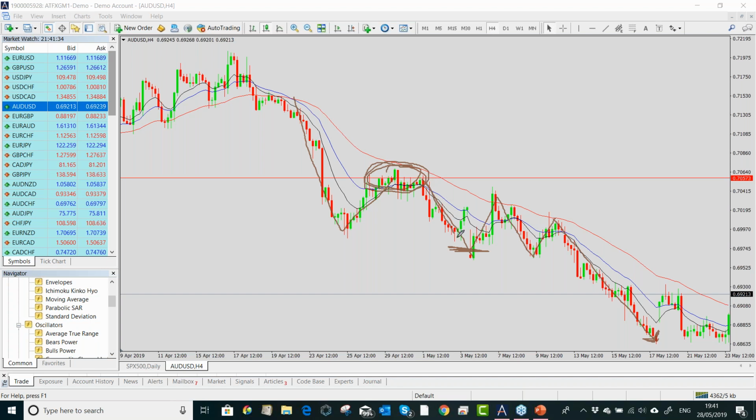And let's say when price moves down to here, we've made a 3-to-1 reward to risk. So that would be a 3% gain. Then price retraces and we get another opportunity to enter. So let's say we enter again up here.